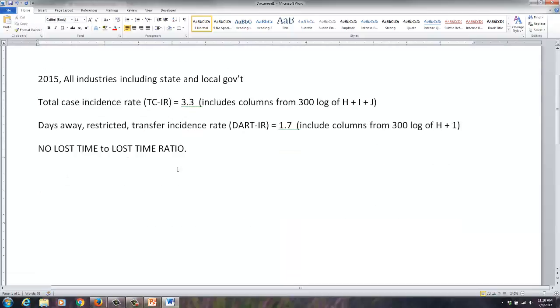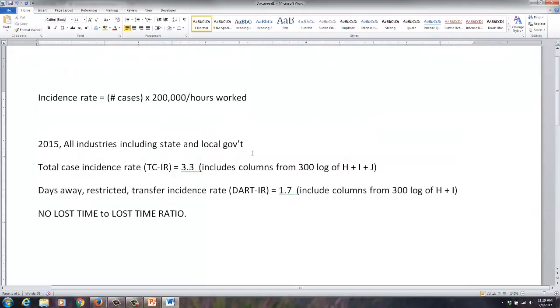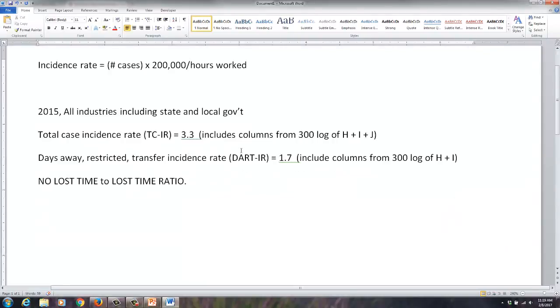So no lost time is column J. The no lost time is the minor. Yeah, they can go back to work, but it was a minor injury. And so the no lost time is just column J.